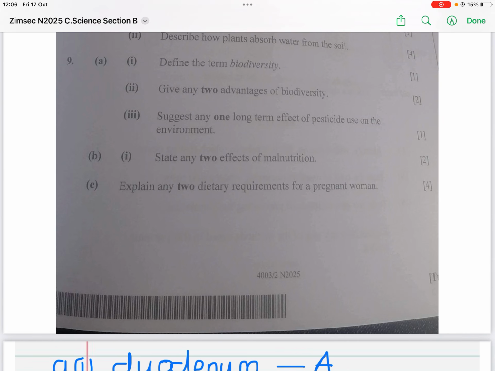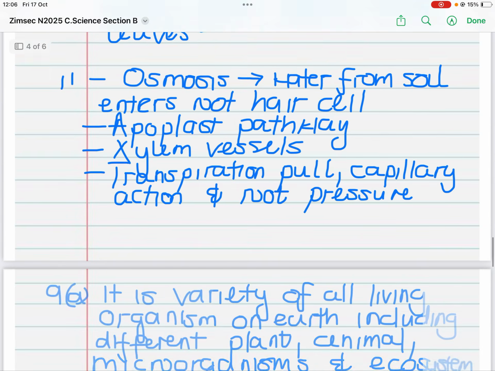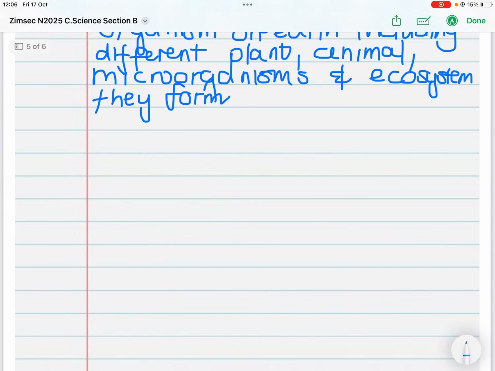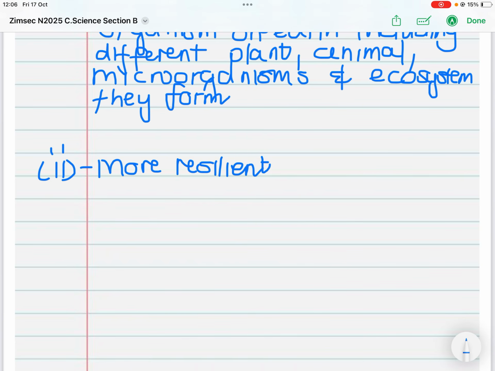On number 9, the second part of the question, it was saying, give two advantages of biodiversity. The question was having 2 marks. So we are now on part 2 of the question. Advantages of biodiversity. They are more resilient. So when we are saying more resilient, we mean diverse ecosystems are more resilient and can recover better from disturbances.